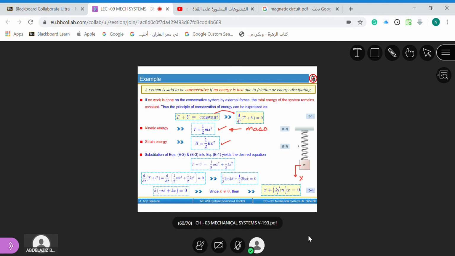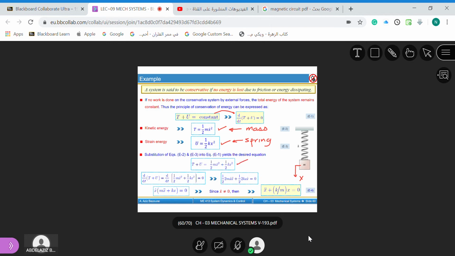The mass has kinetic energy and the spring has potential energy, or strain energy. And we have T plus U is equal to half m x dot squared plus half k x squared.